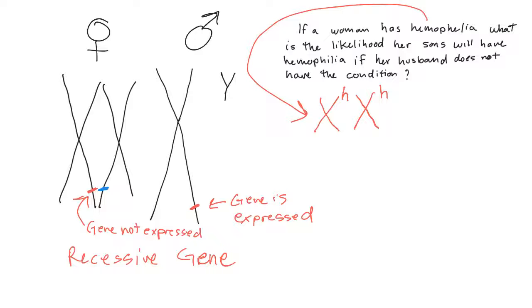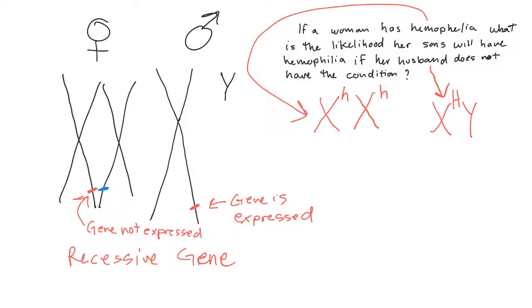All right, so what does the genotype of her husband look like? Okay, we know that he has an X and a Y, but he does not have the condition. So he must have the dominant normal condition, capital H. And then the Y doesn't have the gene on it, so we're just going to leave the Y alone.